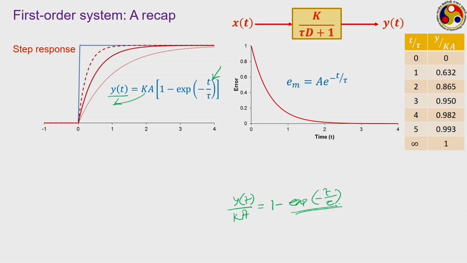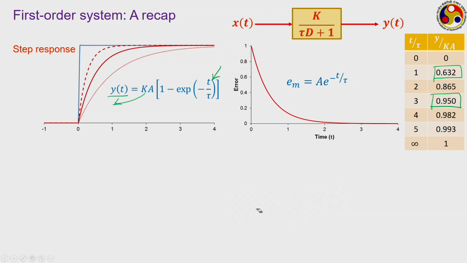So, at t equal to 0, error is 1, the corresponding output is 0, and as t keeps on increasing, just look at this table. When t becomes equal to tau, the output will reach 0.632 times, or 63.2% of the input, whereas when t is equal to 3 tau, it will represent 95% of the output, which is generally sufficient for most practical measurements.